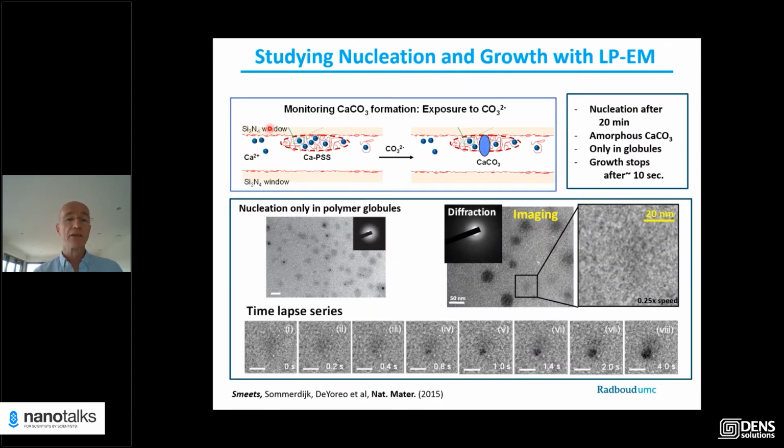So we have these sponges with calcium ions sitting on the wall, and now we're introducing carbonate ions. And if we do that, we indeed see that only in these vague blobs, we see little particles of calcium carbonate growing. And we can only see them growing inside these blobs, and they stop at a certain point when basically all the calcium ions in the blob are consumed. And so we can monitor in time the growth of these particles.